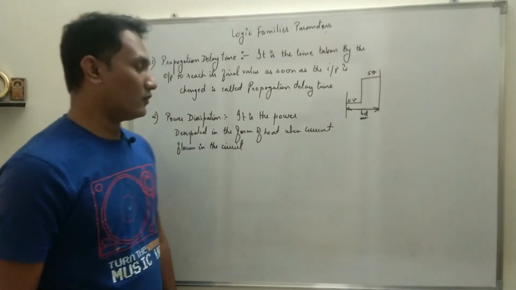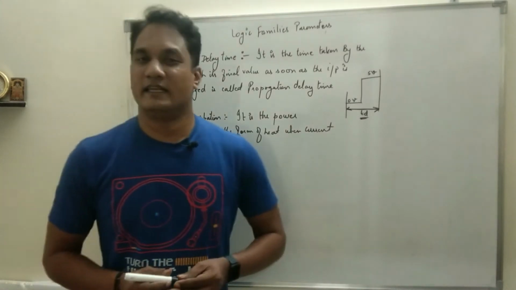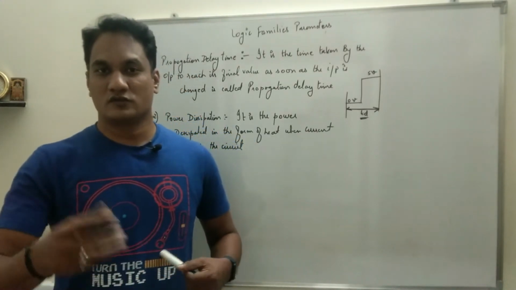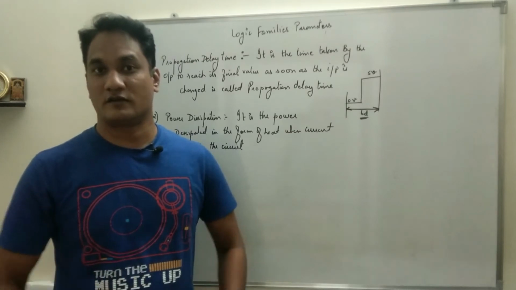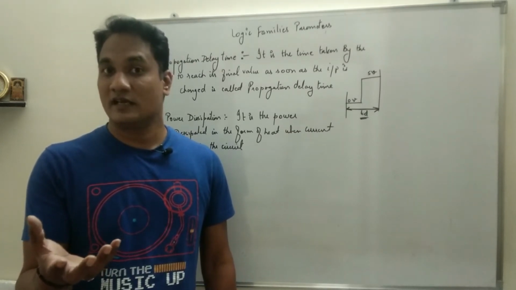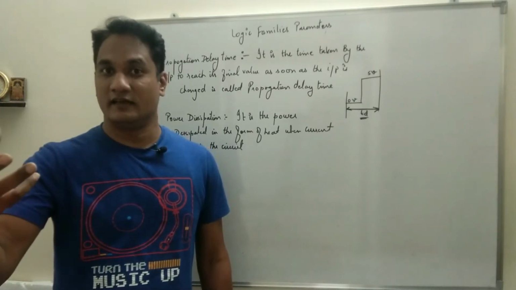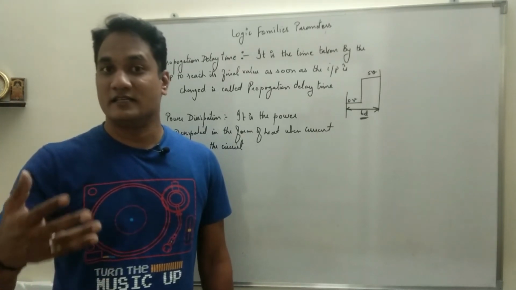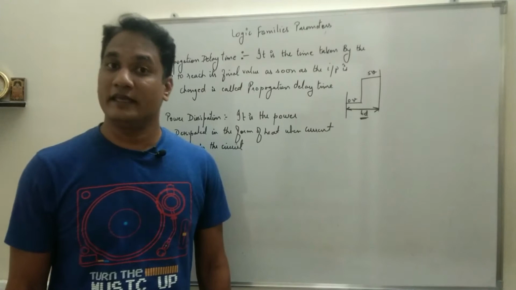See, any electronic device, when you use it continuously for a long duration of time, starts heating up. That means when current flows in the circuit, some energy is lost in the form of heat.